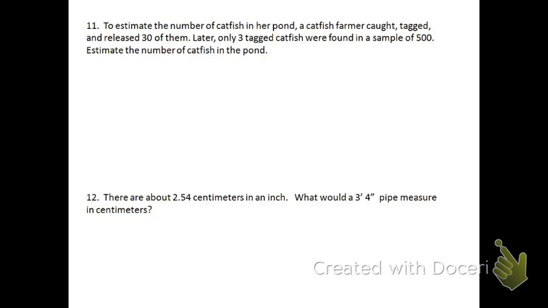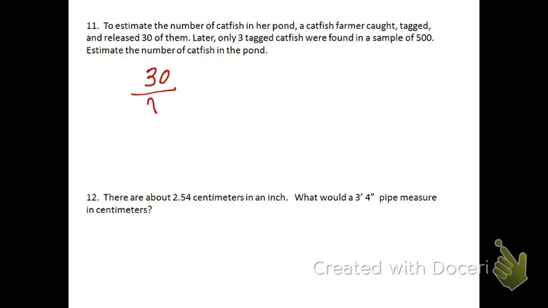Okay, moving along then. All right, number 11. To estimate the number of catfish in her pond, a catfish farmer caught, tagged, and released 30 of them. Later, only 3 tagged catfish were found in a sample of 500 to estimate the number of catfish in the pond. Okay, so biologists actually use this method to estimate the number of certain kinds of fish in lakes and streams. All right, so in the first part, they tagged 30 catfish. So there were 30 tagged out of the total population.